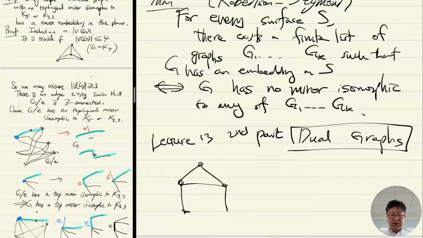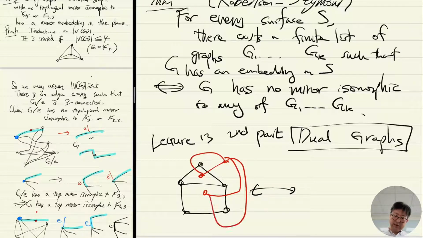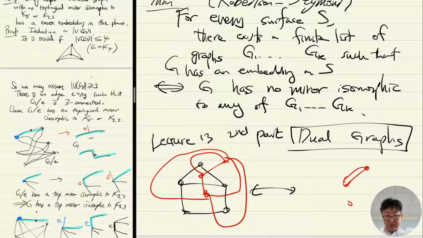So if you have a house, and what is the dual, I pick a vertex in each face, 1, 2, 3, 4, 5. So that's a dual.